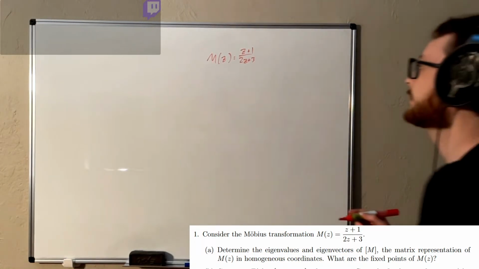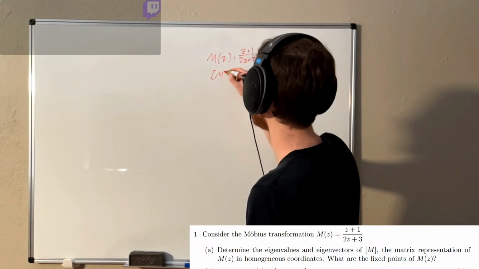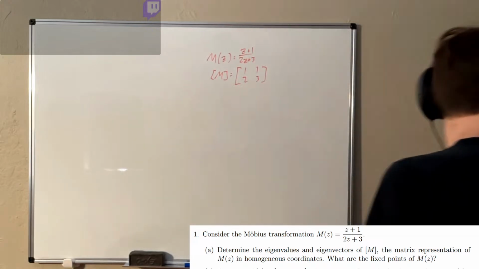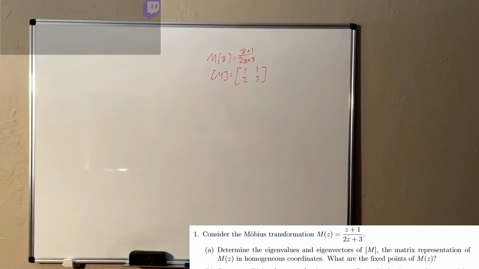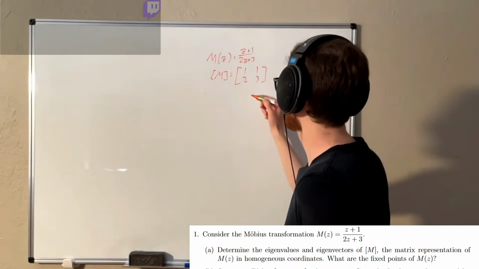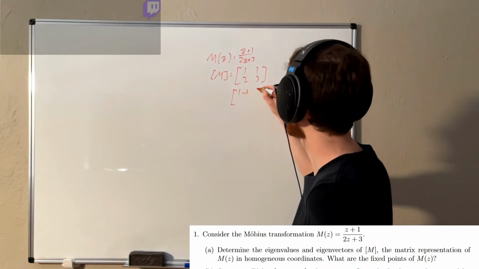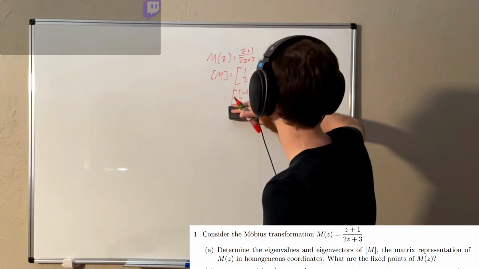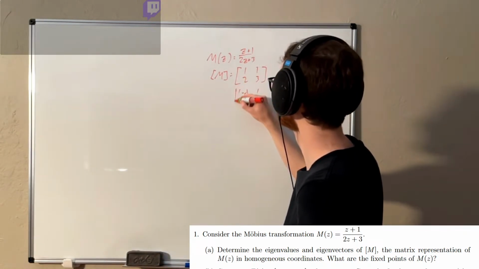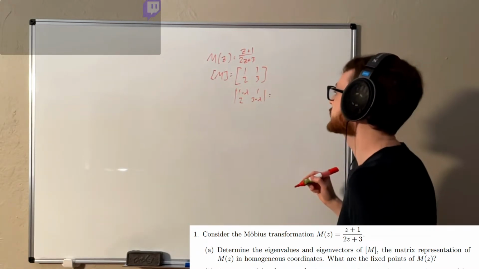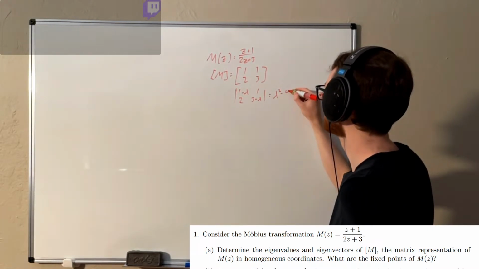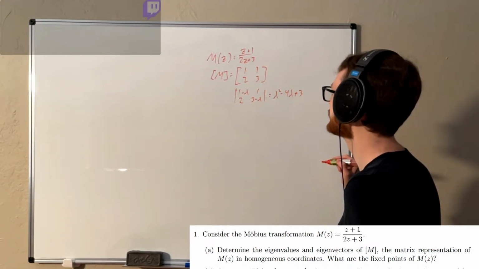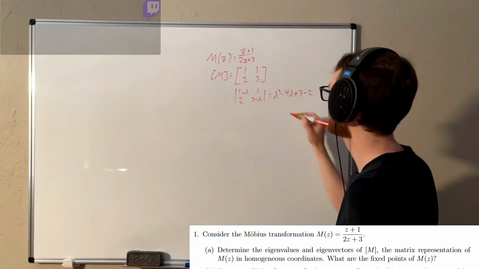Okay, so the matrix M is 1, 1, 2, 3. Right? Right. So if we get our eigenvalues, these are bars now. Okay.